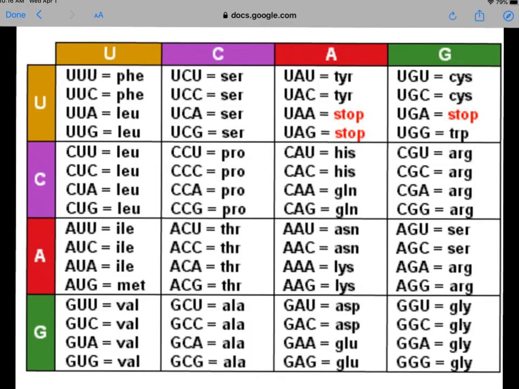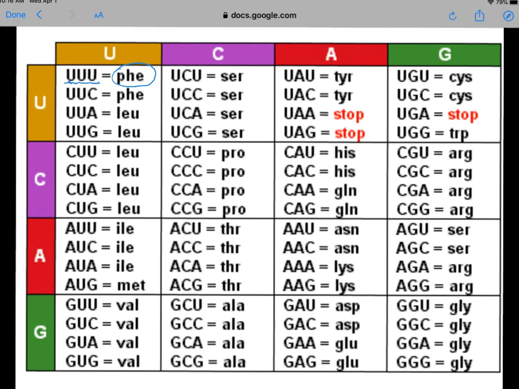So here's the chart that tells you what each codon, what amino acid each one codes for. So if we just look, say, up in the upper left here, UUU. If you have a codon UUU on an mRNA, the amino acid that is going to correspond to that is PHE, which is phenylalanine.